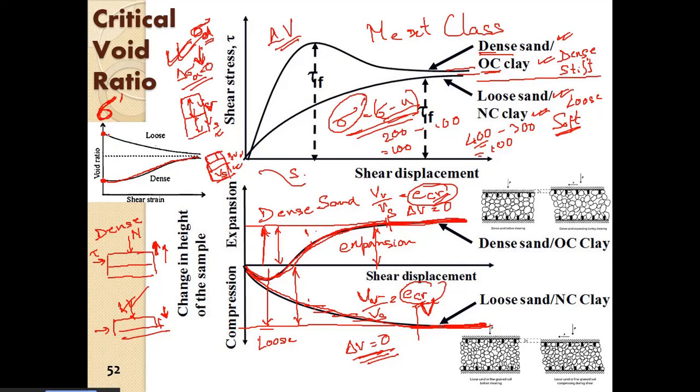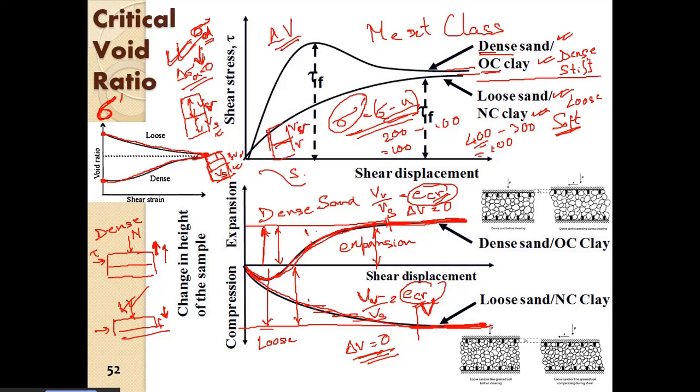While for the loose state, the void ratio will decrease. And ultimately they will tend to one same void ratio for both cases while the shearing is continuing.